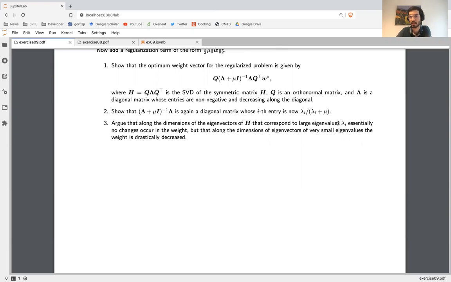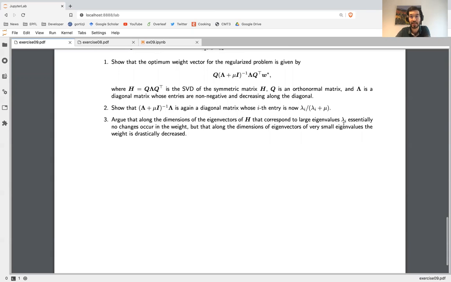So we would get more or less the same component of the vector in that eigenspace, but the regularization would really kick in the directions where you have very small eigenvalues. So in this exercise, we just want you to show this more or less formally that this is indeed the case, and basically build an intuition around this concept.